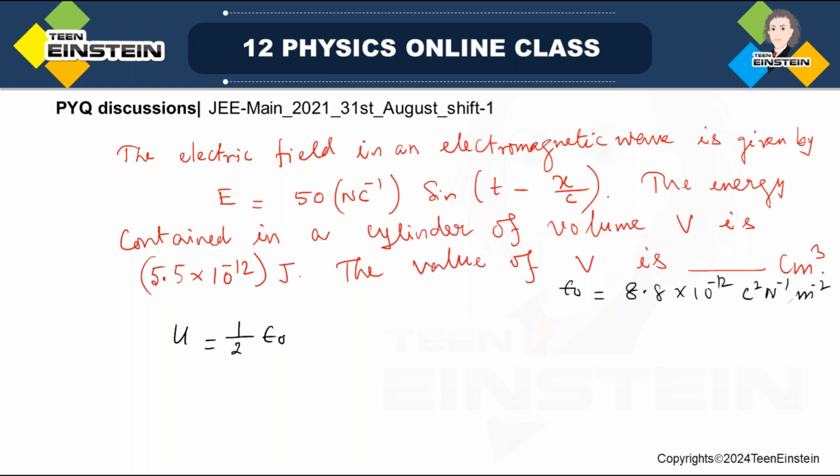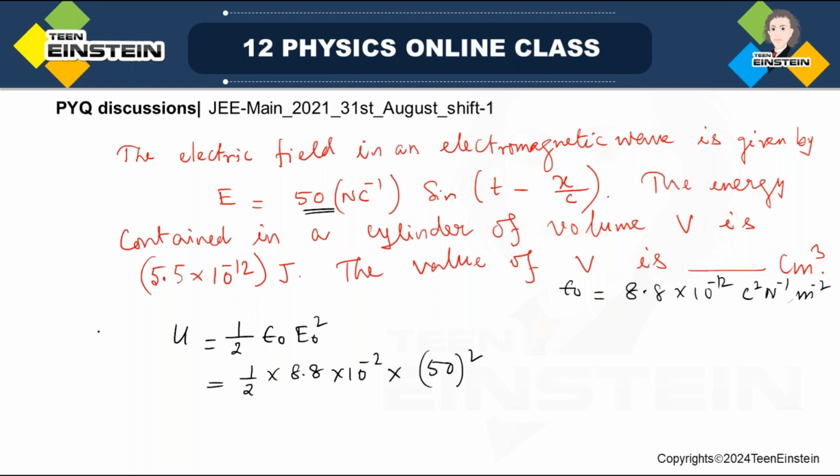E naught is given too, so I can find out the energy density. Half into 8.8 into 10 to the power minus 12 and E naught square, that is 50 whole square.